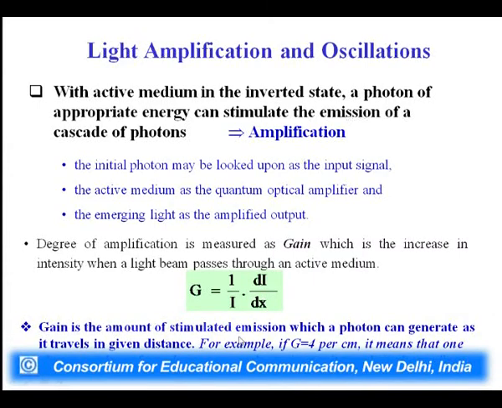Gain is the amount of stimulated emission which a photon can generate as it travels a given distance. For example, if G is equal to 4 per centimeter, it means that one photon produces 4 photons for each centimeter it travels in the medium.